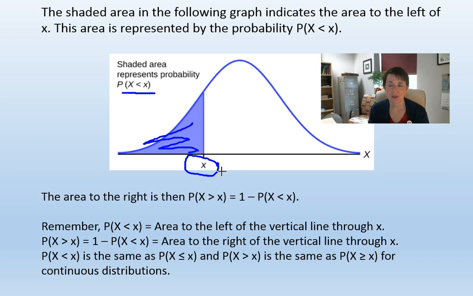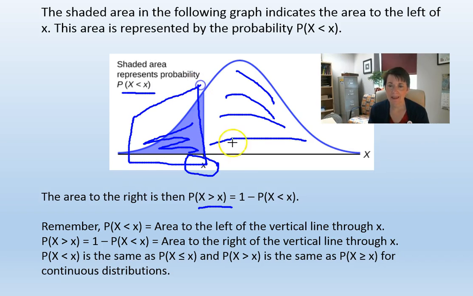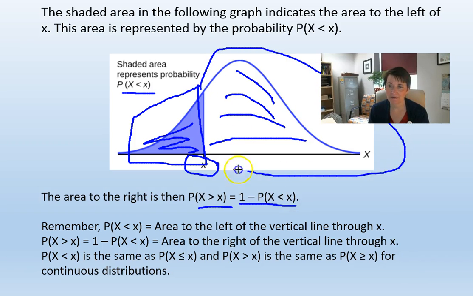The area to the right is then x greater than my critical value, as it's called in some books. We can find that if we know this value here and subtract it from 1, we're going to end up with this value here, because the whole thing, the probability, has to be 1.